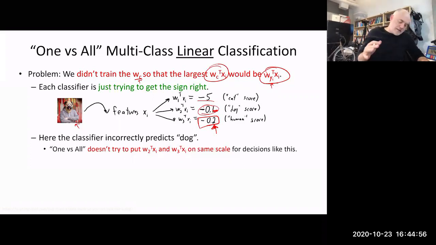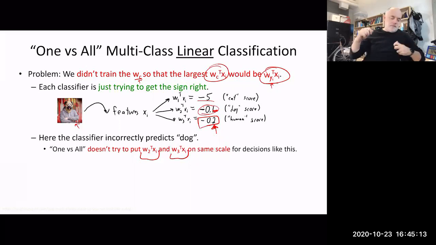So the point is, and this will hopefully be clear when we talk about it with support vector machines, that the scores that we get out of the different classifiers aren't normalized relative to one another, right? So you might be super negative all the time for one, or super positive for another, or the ranges are such that one of the classes will dominate all the others totally inappropriately, okay?